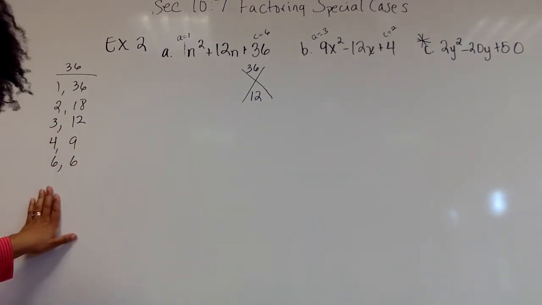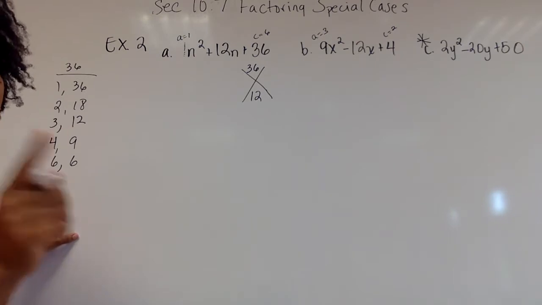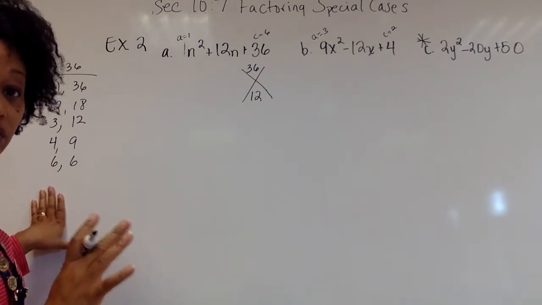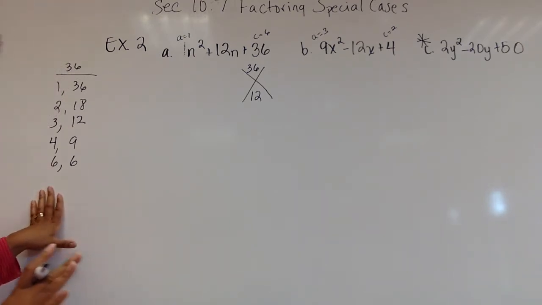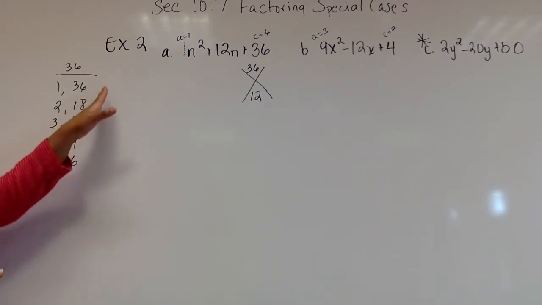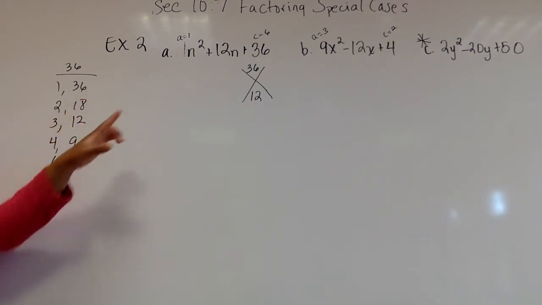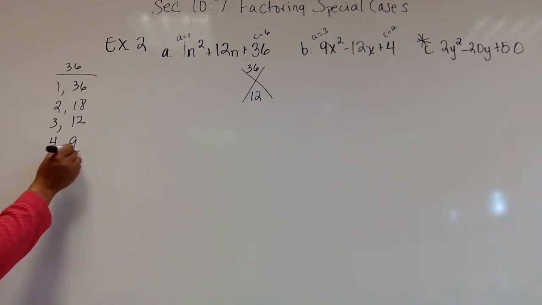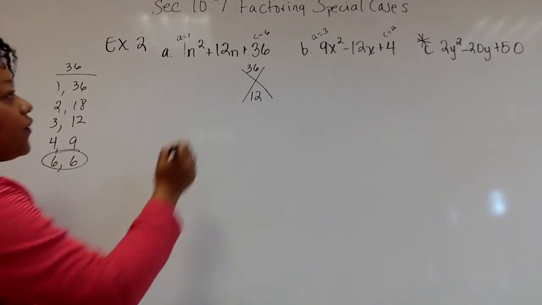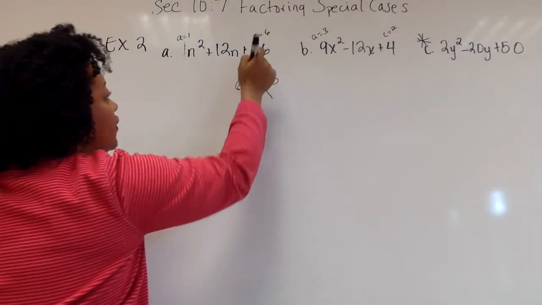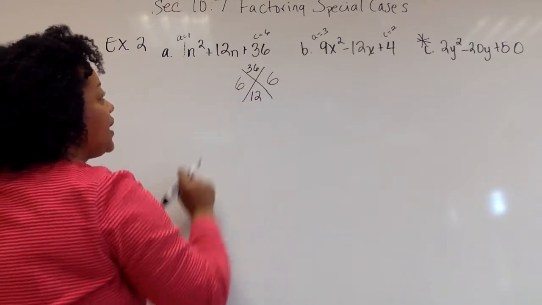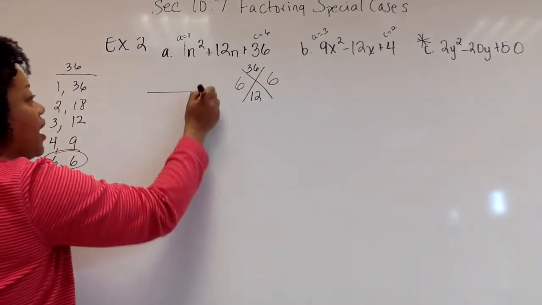If you're impressed with how fast I did that, that's because I know my multiplication tables. If you add up every pair, which one gives you 12? It's this one. If I multiply 6 times 6, I get 36. If I add them, I get 12, and now I'm ready to X box.